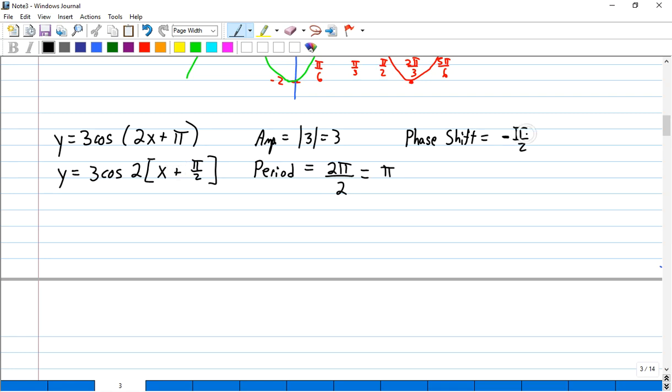Remember, that's an x value. So on our x-axis, we're going to start at negative pi over 2. And then the end point for one complete period is going to be the phase shift plus the period, or period plus the phase shift. So negative pi over 2 plus pi.